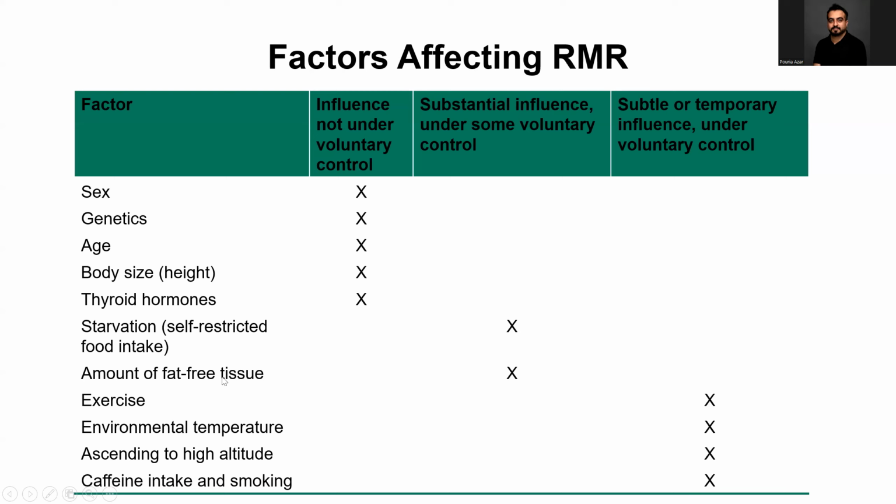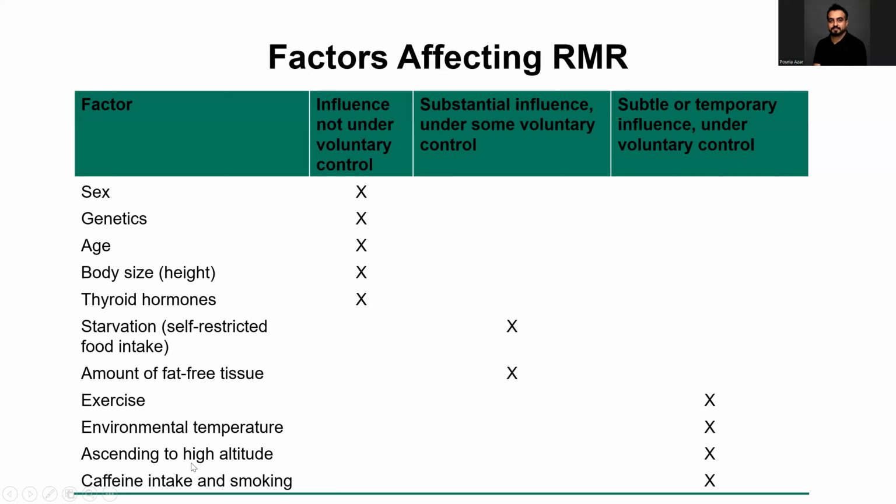If we engage in more exercise, we can increase our resting metabolic rate. This is in our hand, right? We can control it. Or if we maintain the room temperature at a decent level, we can maintain our resting metabolic rate at a decent level as well.